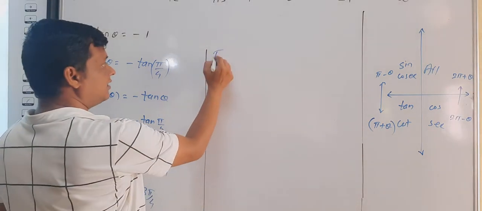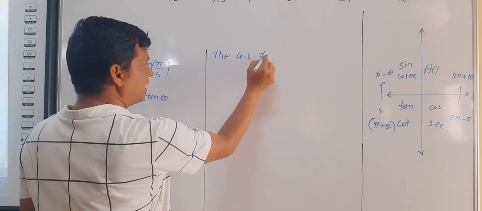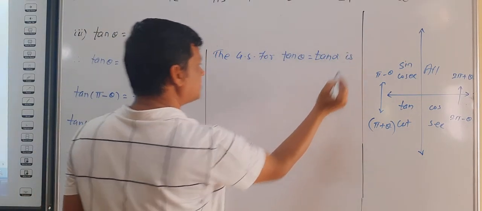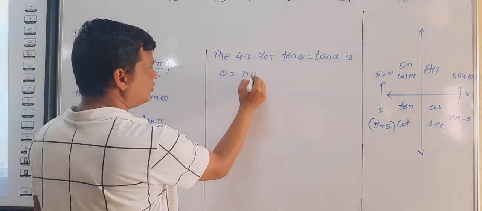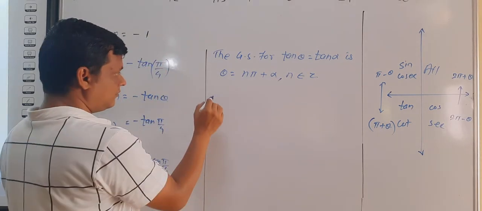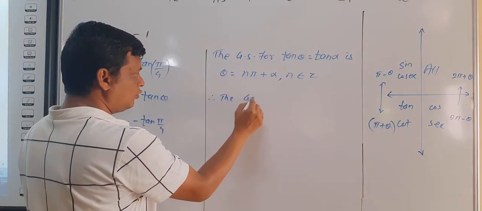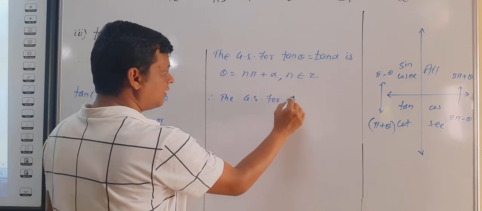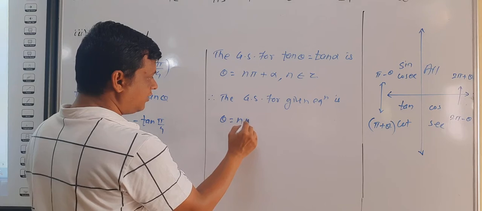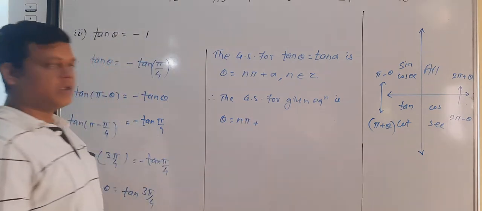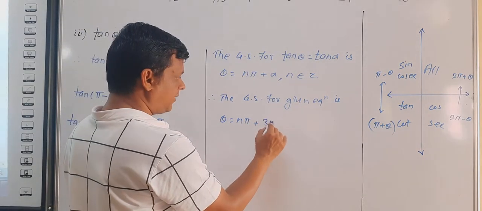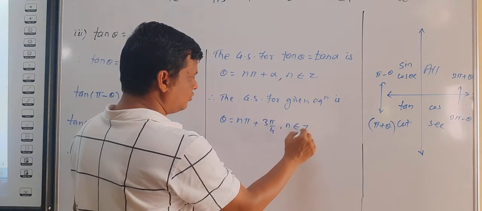So we have to write the general solution for tan theta equals tan alpha, which is theta equals n pi plus alpha, n belongs to Z. Therefore the general solution for the given equation is theta equals n pi plus, in place of alpha we have to write 3 pi by 4. 3 pi by 4, n belongs to Z.